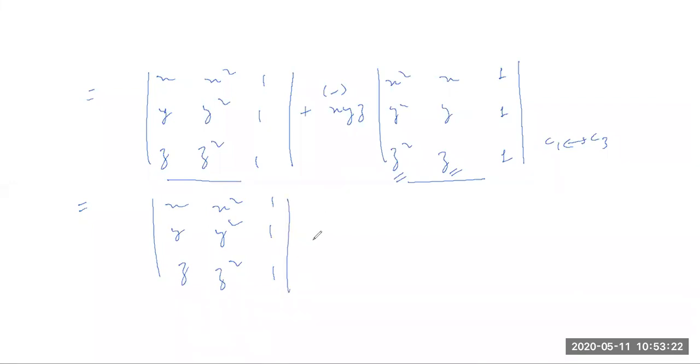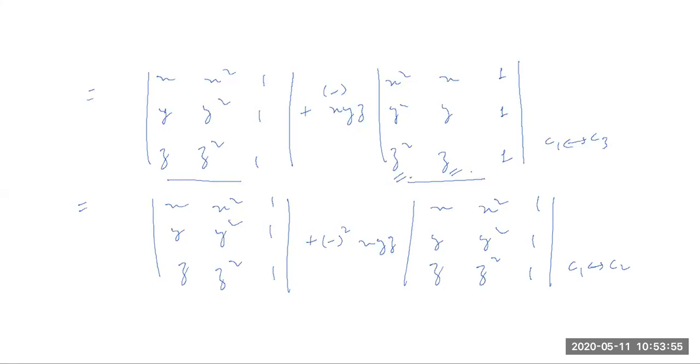Okay, it is plus, and since we are changing it again, this outside minus will be minus square, so we'll write it as minus square, and x y z, x square, y square, z square, and 1, 1 and 1. So what we did now, we replaced c1 and c2 with each other.